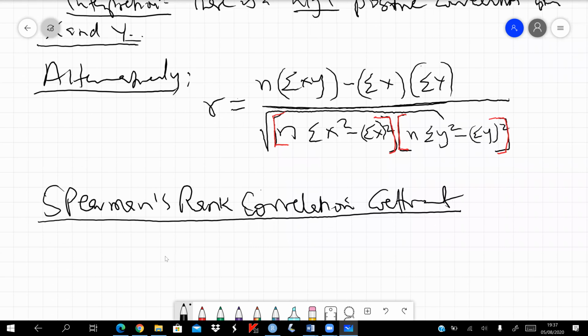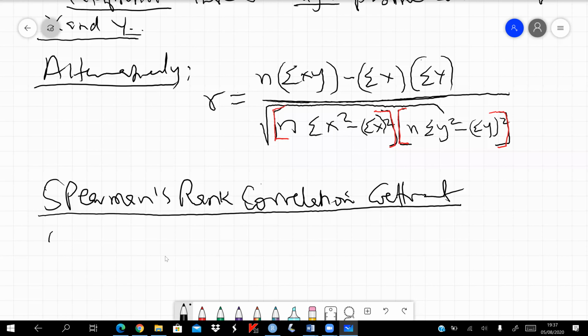Spearman's rank correlation coefficient. So this one is usually denoted, just to differentiate, by rho. We use the Greek symbol rho. Rho is just the letter R, but from the Greek.